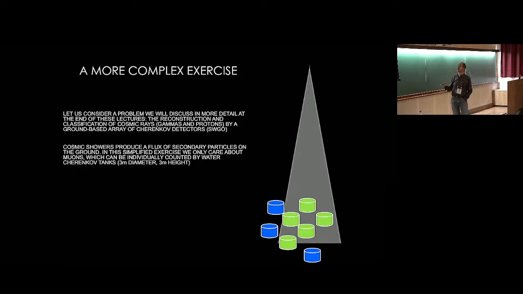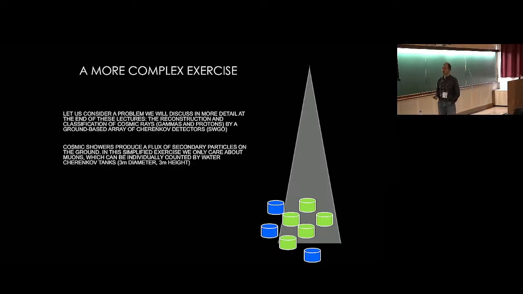Sometimes there are cosmic showers of particles that come from high energy protons or photons that hit the atmosphere and produce showers, electromagnetic showers in the case of photons, or also hadronic showers in the case of protons and iron nuclei or whatever they come from. And these particles hit the ground. Typically, there will be muons and electrons and photons on the ground. And in fact, muons are used to distinguish between protons that generate lots of muons and gamma showers that don't generate many muons.